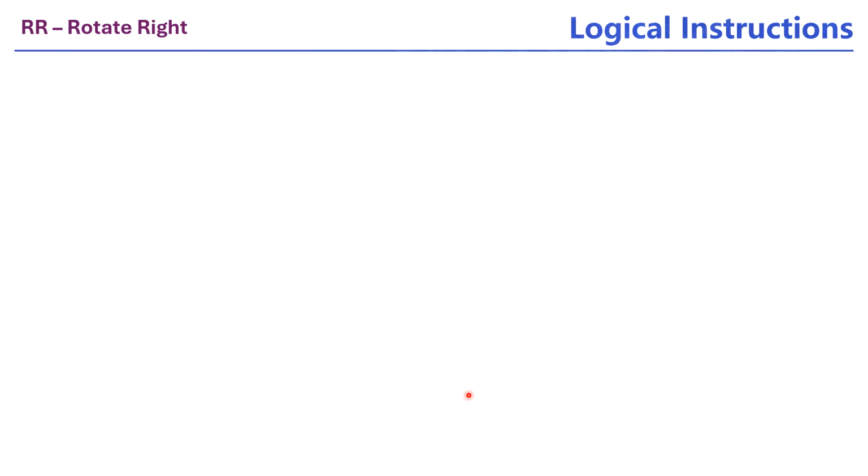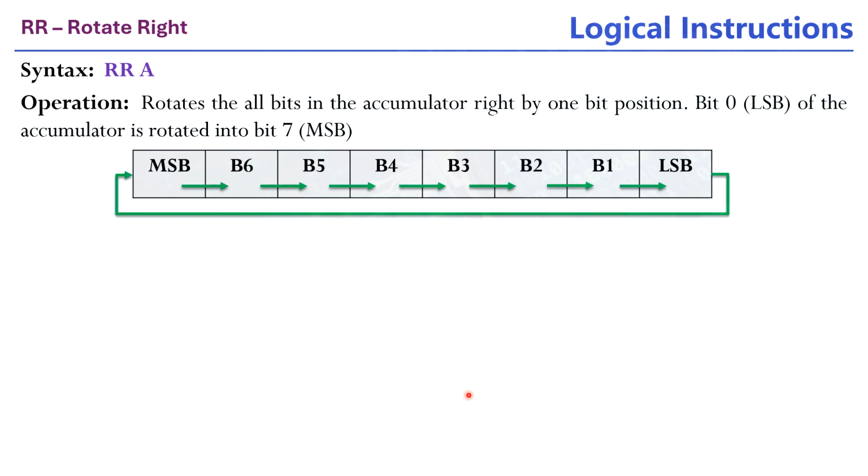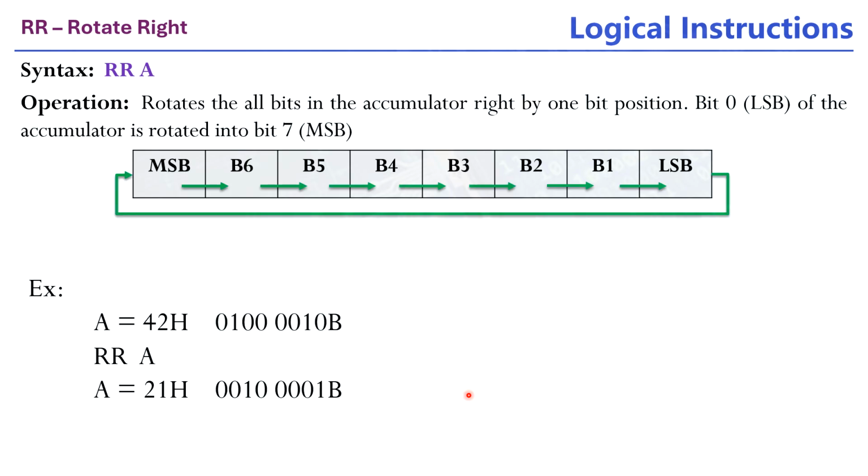Now we come to the rotate right. You see here, this is very simple. This is just a digit. These are B1, B2, B3, B4, B5, B6. This is the starting, that is B0. B0 is nothing but the least significant bit. This is the most significant bit. Okay.